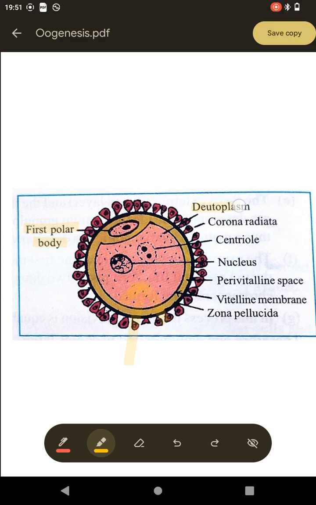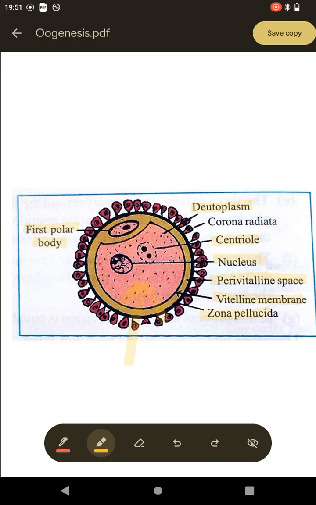It has deutoplasm, that is the yolk, and this is the centriole with two centrosomes. This is the nucleus. This is the perivitelline space. This is the vitelline membrane. The cell membrane of the secondary oocyte is the vitelline membrane. The zona pellucida is just under the vitelline membrane.